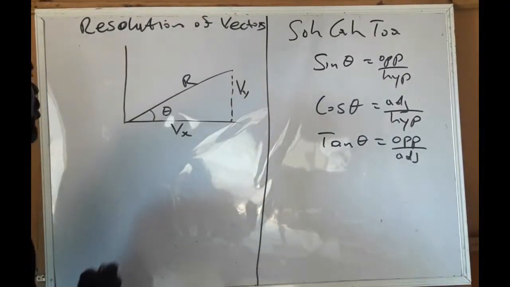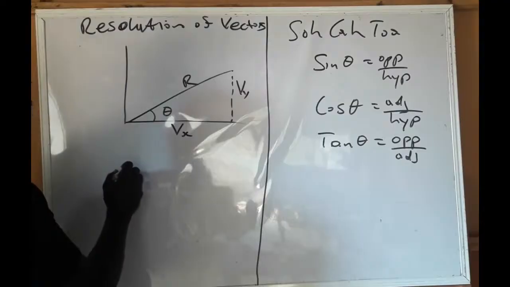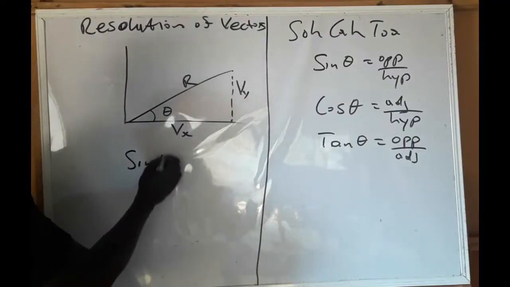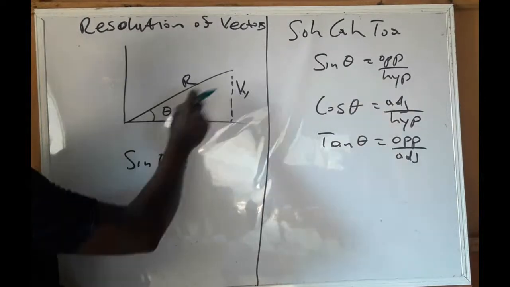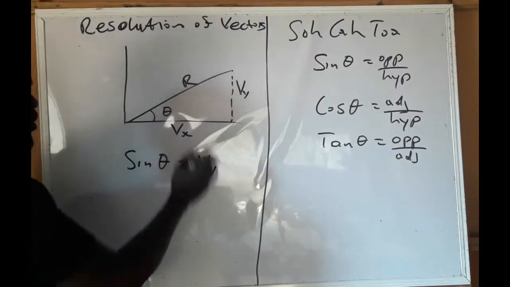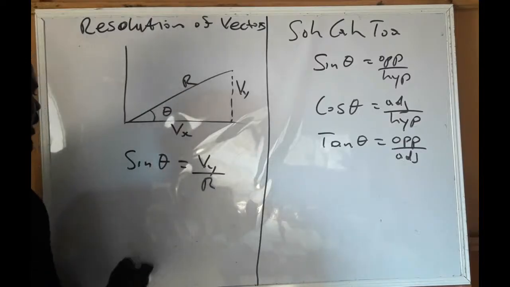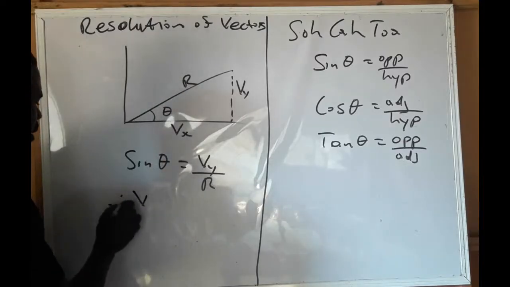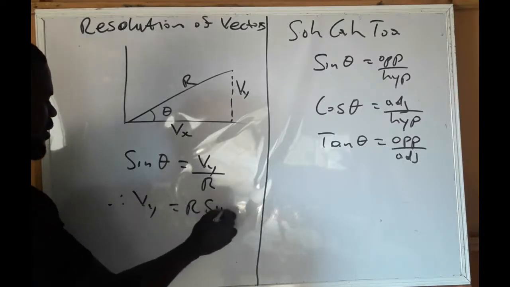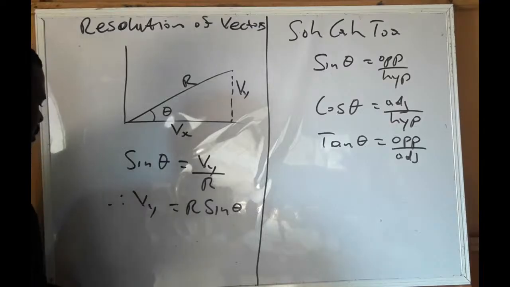to stand for the horizontal component along the x-axis. From here, if we use our SOHCAHTOA, sine theta is going to be equal to opposite, which is Vy, over hypotenuse, r. Therefore, Vy is equal to r sine theta. Okay?